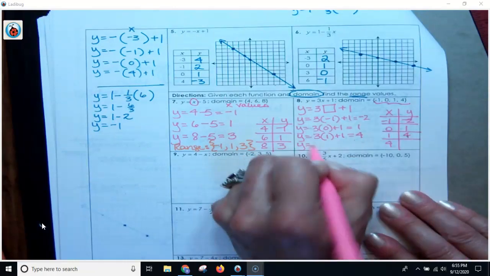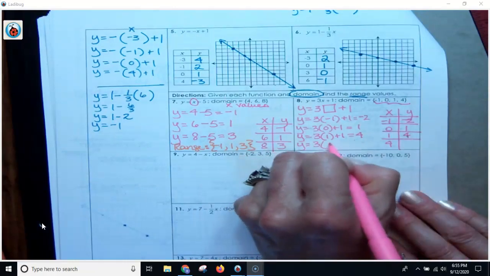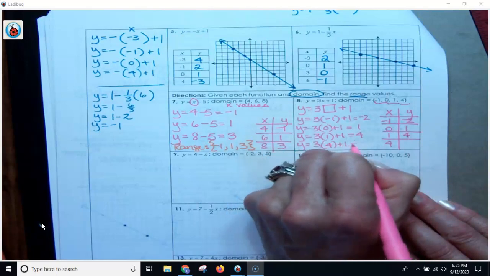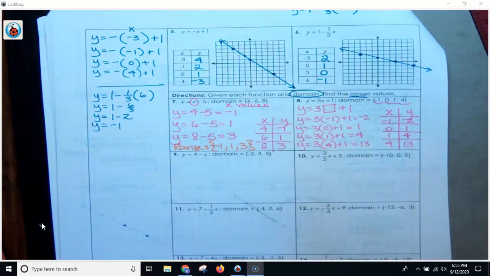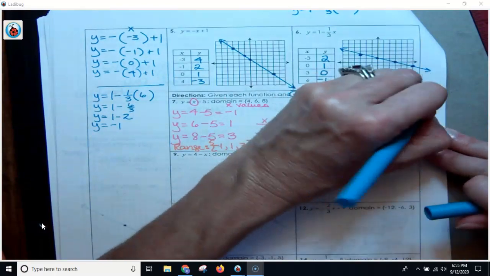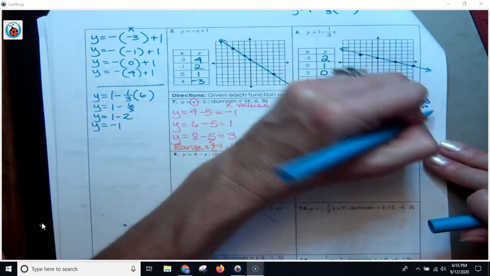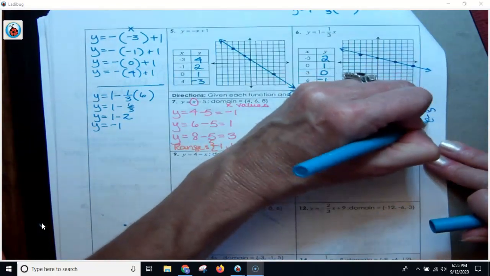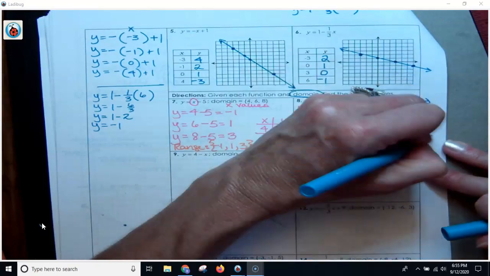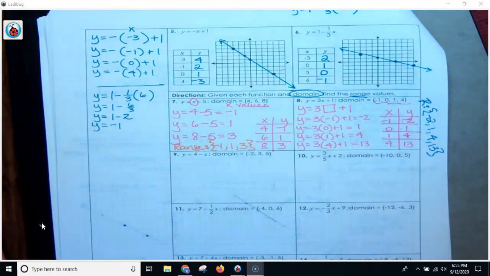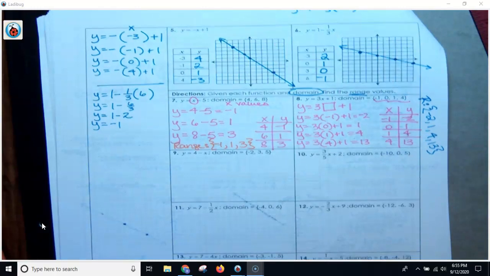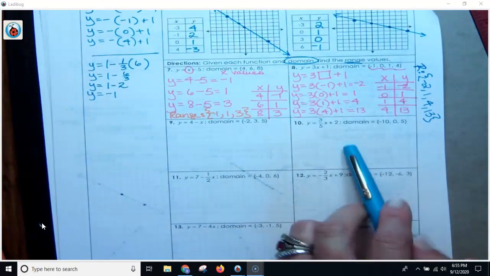And then my last domain of 4 is going to give me 12 plus 1, which is 13. So in this situation, my range is going to be -2, 1, 4, and 13.